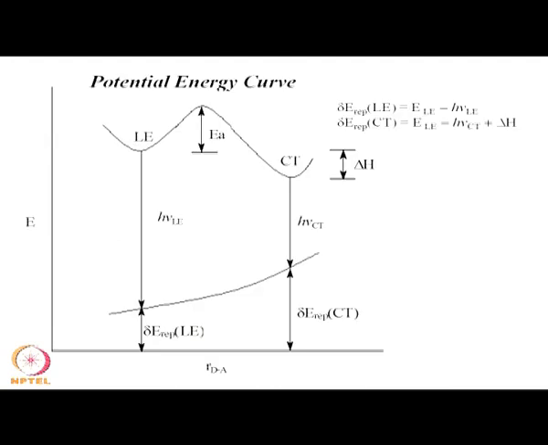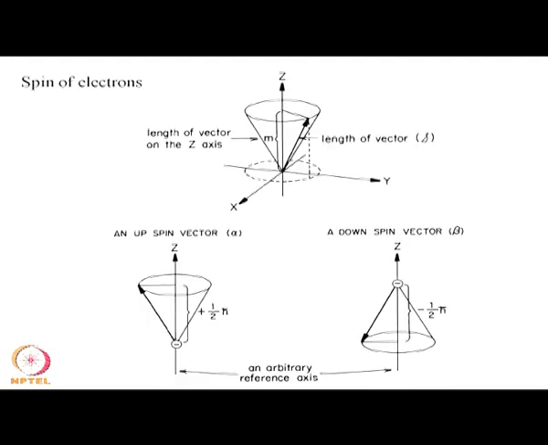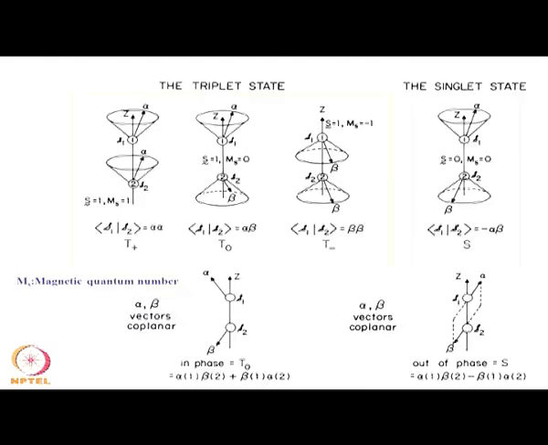If polarity changes, it may be affected. That is why viscosity and polarity are very important factors for Exciplex formation, and it has the potential energy diagram I just showed you.